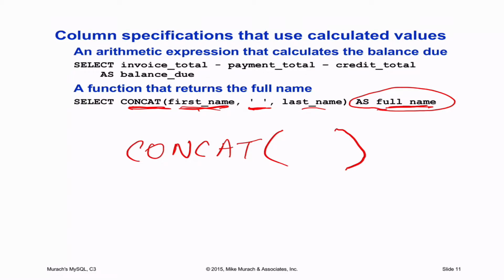It's very important that there is no space between the concat and the parentheses. These are connected. I know it's kind of hard to see, but there's no space there. So we're going to concat the first name and last name with a little space in between, and put that in a new temporary column named full name. And remember, this temporary column is only on the results. It doesn't modify the table at all.